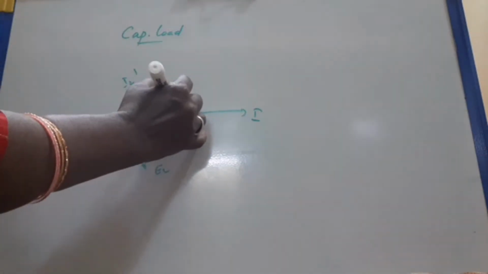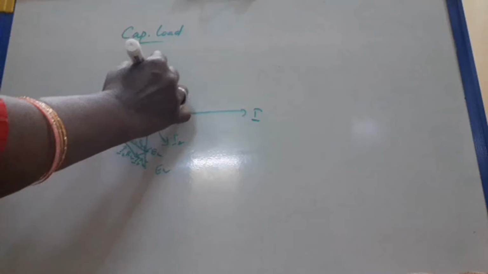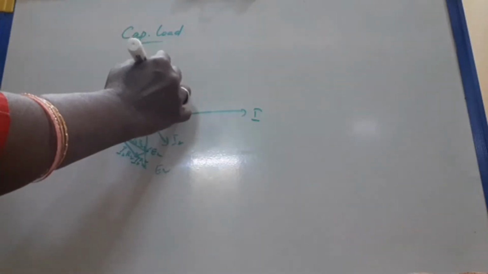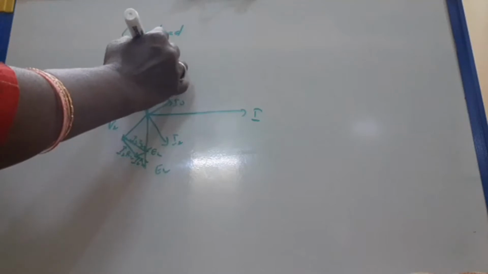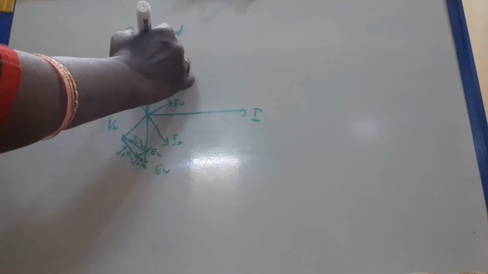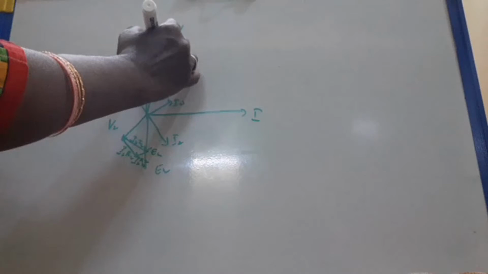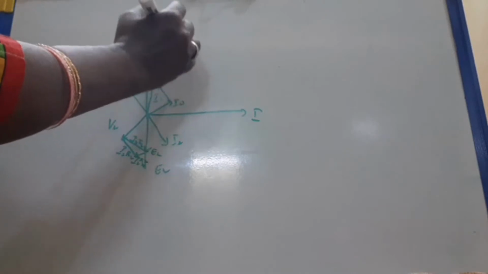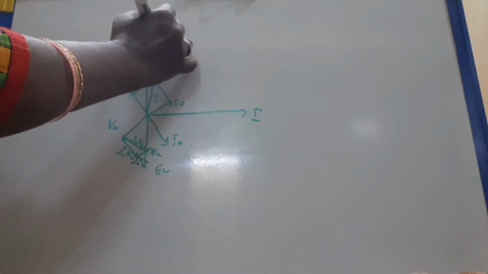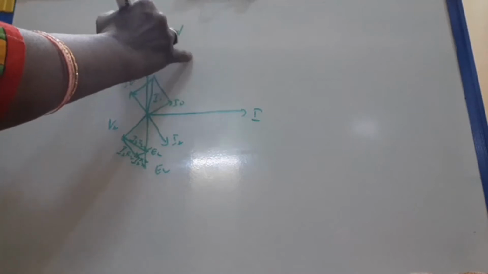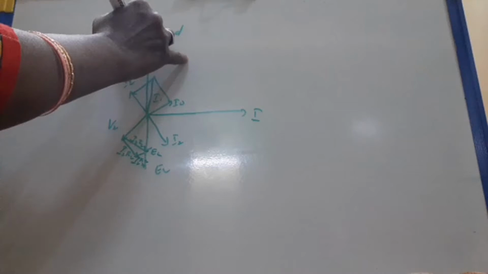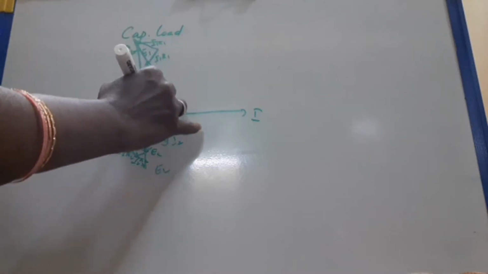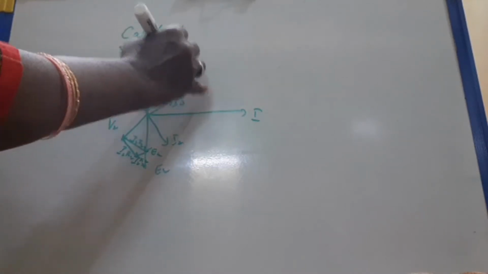Similarly, you have to draw I0, draw the parallelogram, which gives I1. Then draw E1. From E1, draw I1 R1, perpendicular I1 X1, joining this I1 Z1. Joining E1 plus I1 Z1 gives V1.